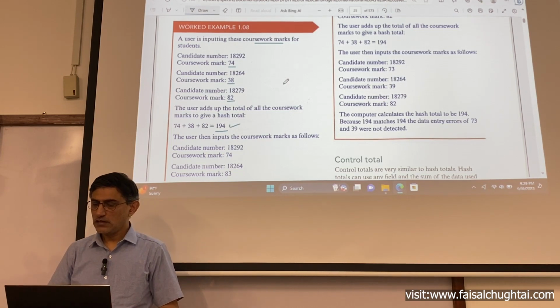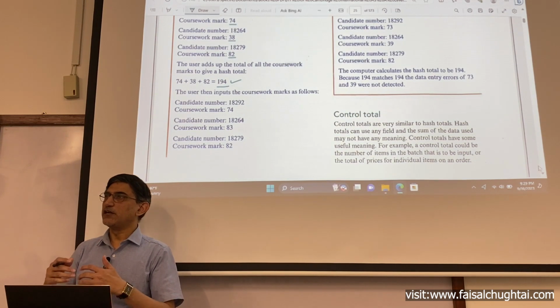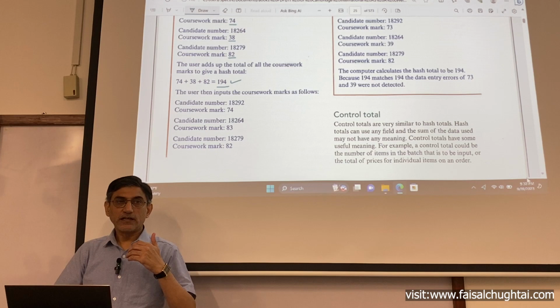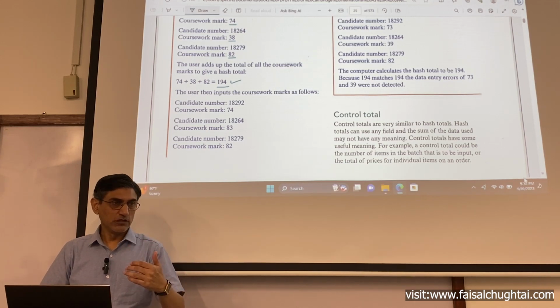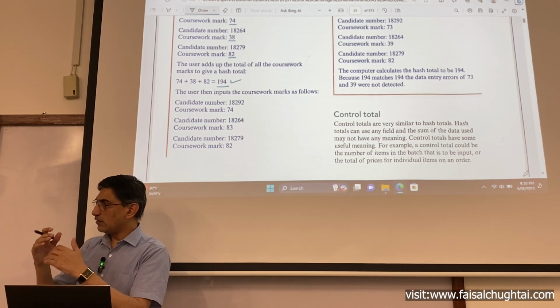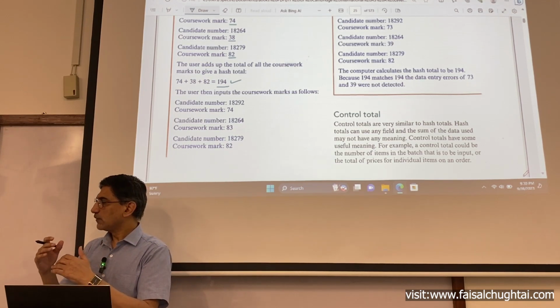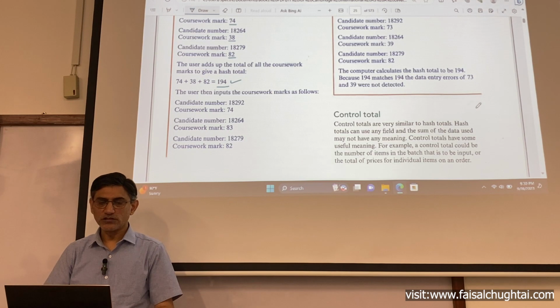Now, once it is to be input into the computer, or for that matter, after having input, it needs to be transmitted or transferred, the computer would perform the hash total to see if the sum or the total of all these marks comes out to be 194, which was this.